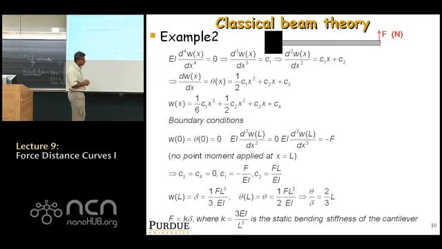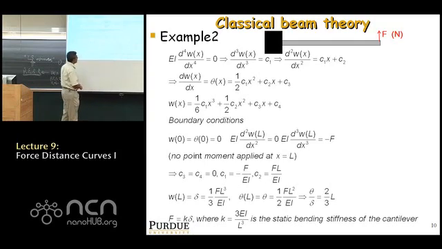That's it. And so by simply evaluating the expression for W of x at x equal to L, the free end of the beam, you're able to get expressions for the deflection at the end of the beam, 1/3 FL cubed over EI, and the theta, the bending angle at the end of it, is FL squared by 2 EI. Okay?